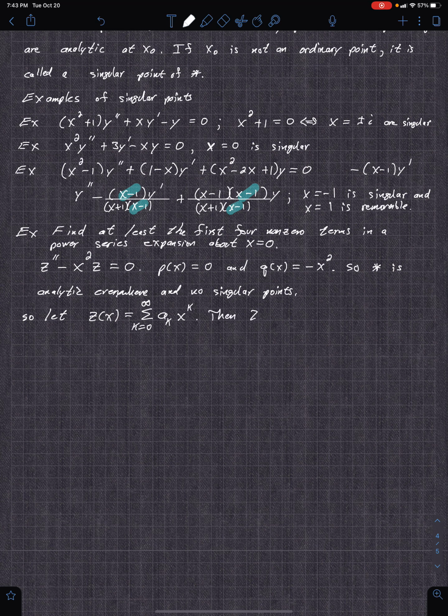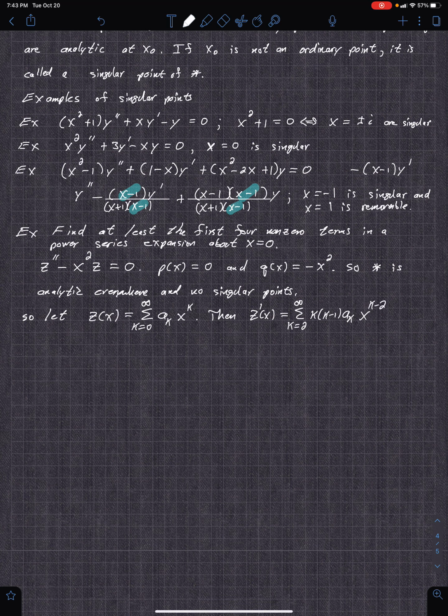And then we're going to calculate z prime of x and z double prime of x using our form. You can look this up again and see how it's calculated. So it goes from 2 to infinity. I'm not going to show you all the little details because it would take too long. And then you get this form.